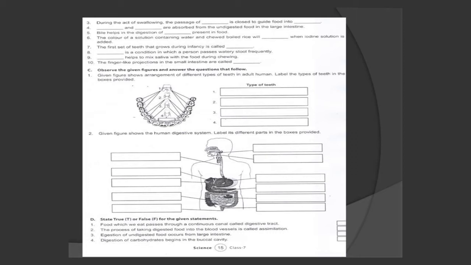Fourth pancreas. Fifth small intestine. Sixth one the rectum. I repeat: salivary gland, buccal cavity, stomach, pancreas, small intestine, rectum. And on the side, esophagus, liver, gallbladder, large intestine, anus. I hope you could follow this.